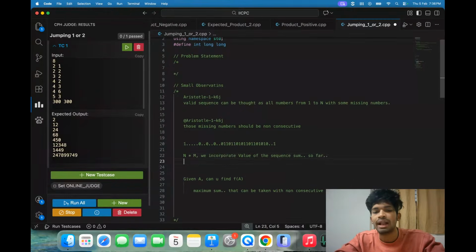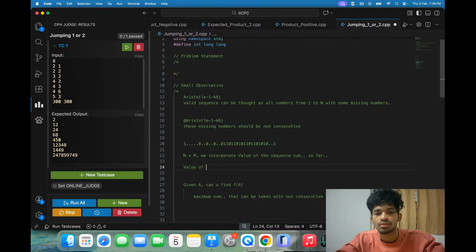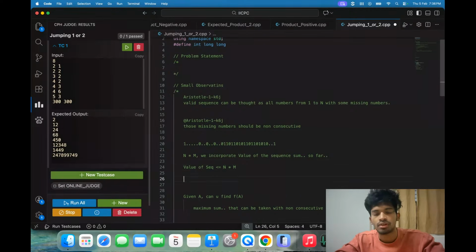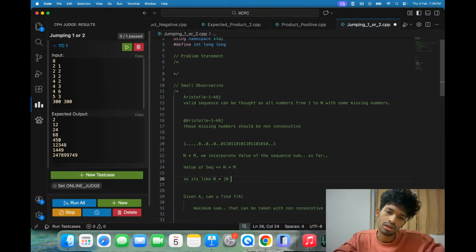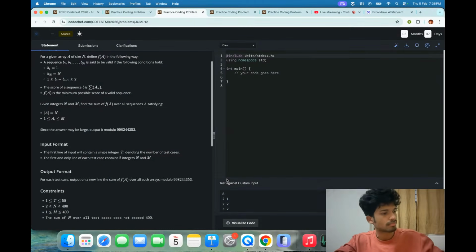So value of sequence is less than or equal to n into m, right? So it's likely an n times this value algorithm, because n cube is possible now.